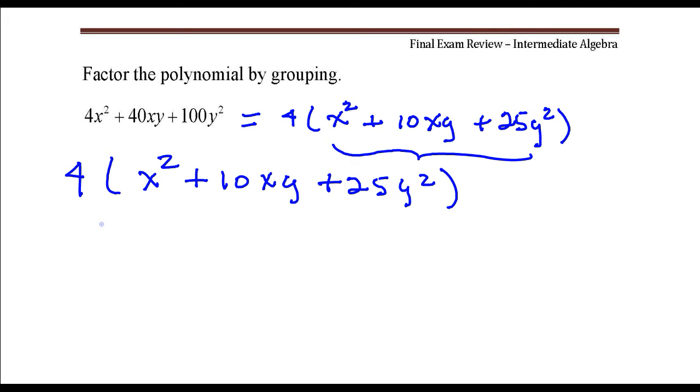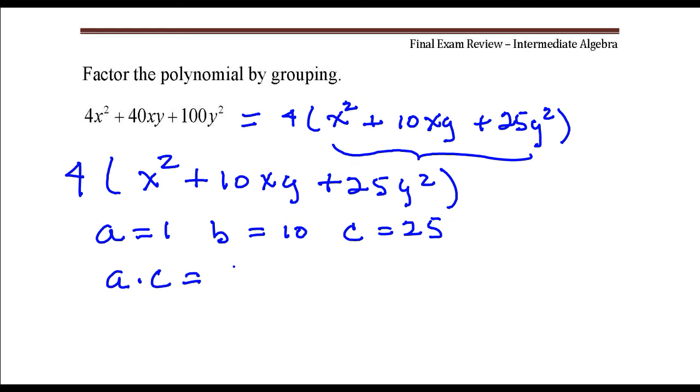Okay, so the coefficients of these terms here: a is going to be 1. That's the coefficient that's in front of this x squared. B is 10. C is 25. Okay, and the first thing you do when you're factoring by grouping is you multiply a times c.